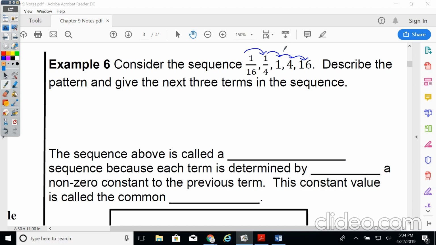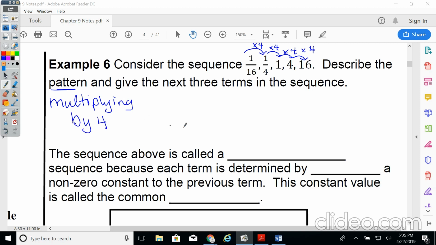This one is a multiply sequence, so we're multiplying by 4 to get the next one. If we tried the previous one, 1/16 times 4 would give us 1/4, and 1/4 times 4 gives us 1. So the pattern is that we're multiplying by 4.